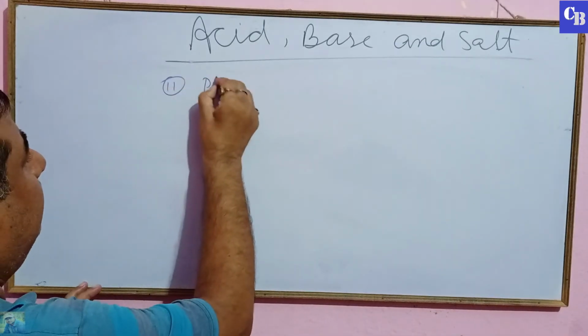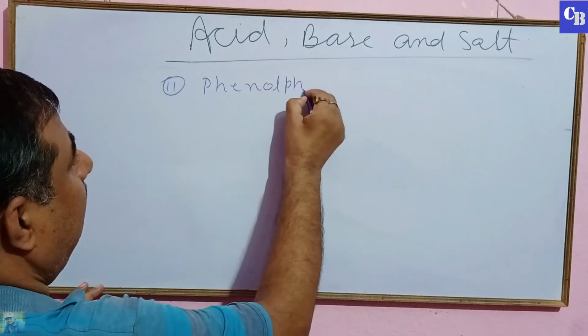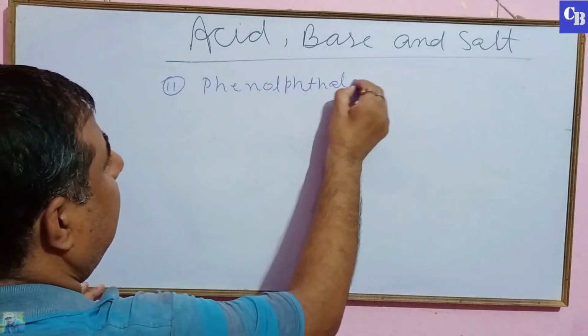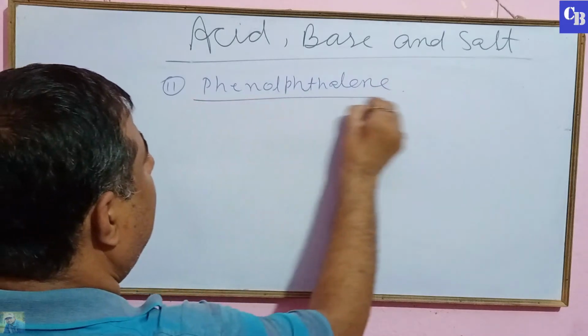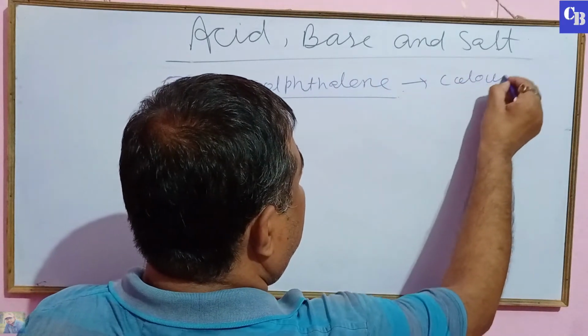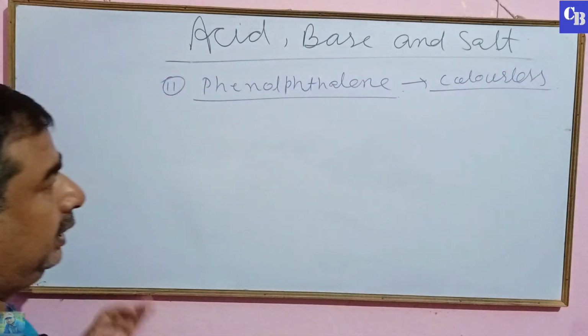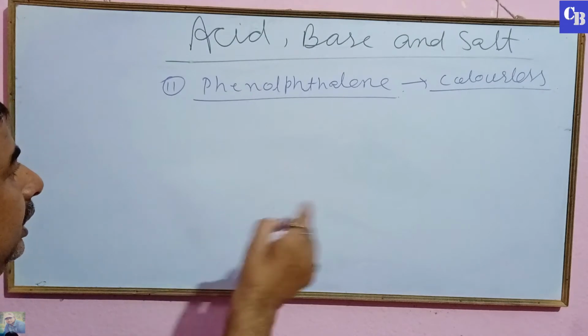Another synthetic indicator is phenolphthalein. Phenolphthalein is colorless. It has no color.